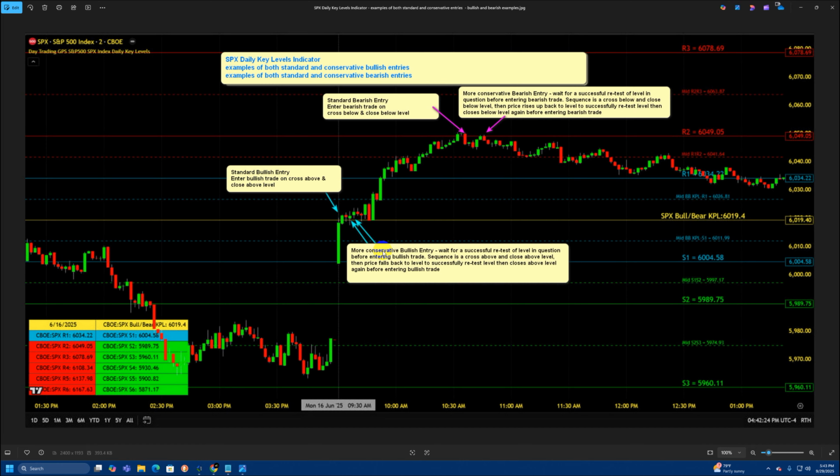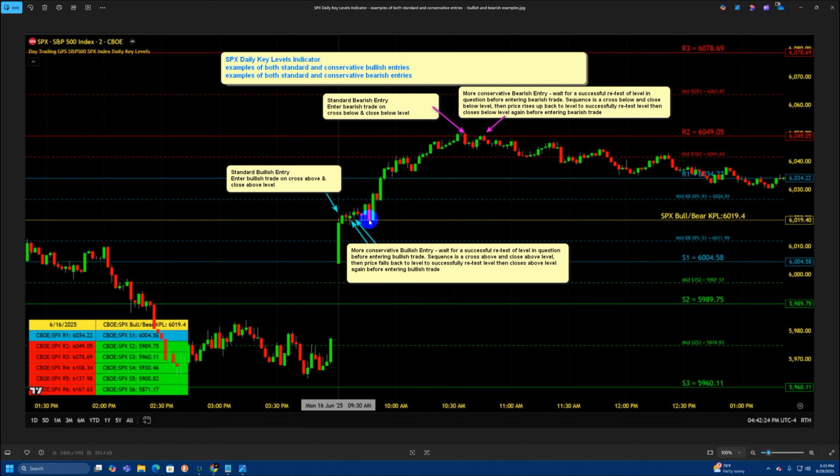Or if taking the more conservative bullish entry approach, you're waiting for price to fall back to the level in question, but still close above it, and that is your successful retest. You could have entered on this candle, or if you did not, you could have entered on this candle here, and it did retest.